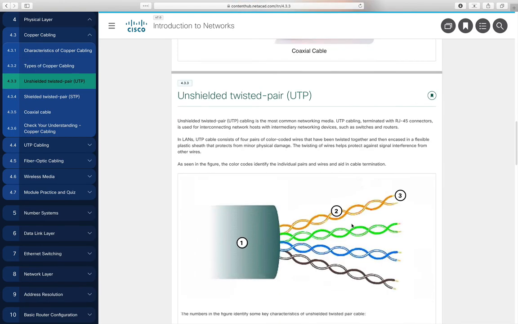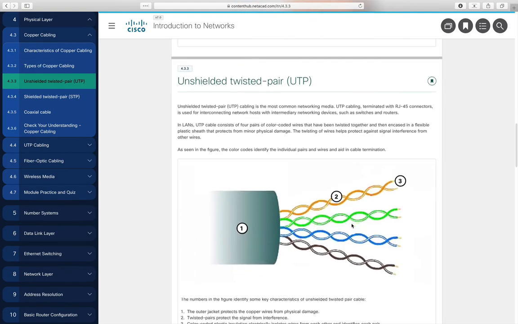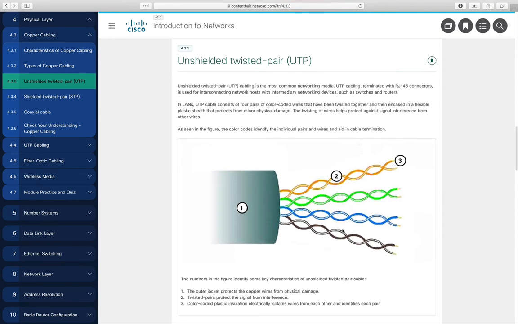So delving a little deeper into this, unshielded twisted pair, the name comes from the fact that we have 4 pairs of wires that are twisted around each other. This is to attempt to cancel out some of the electromagnetic interference. It is unshielded, so we do not see the shield, but we do have an outer jacket here which is going to protect and present this as a single cable instead of these twisted pairs.